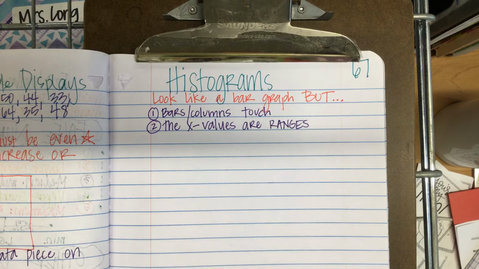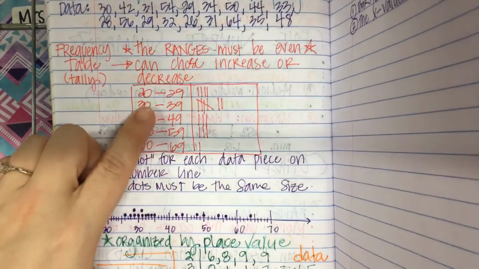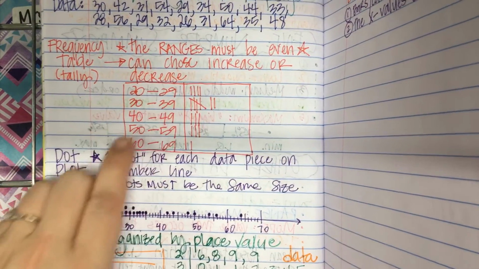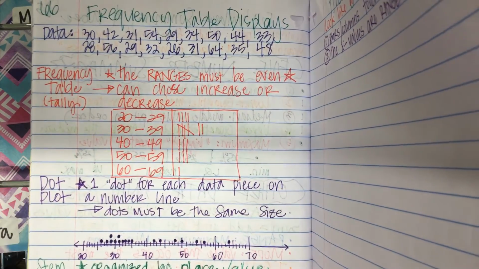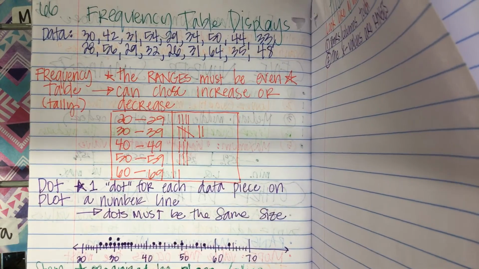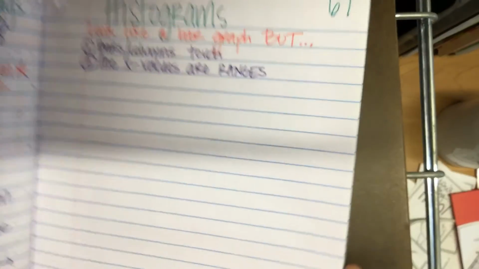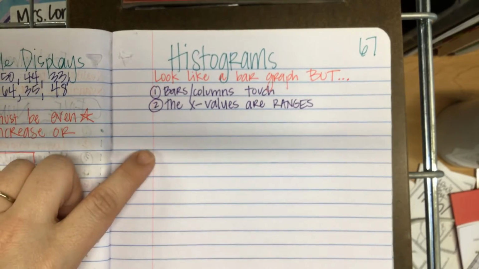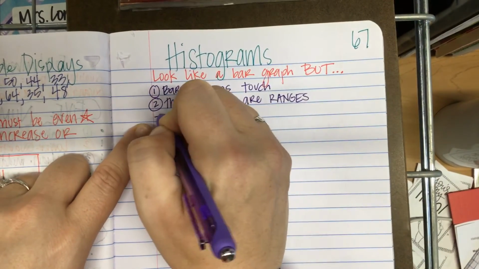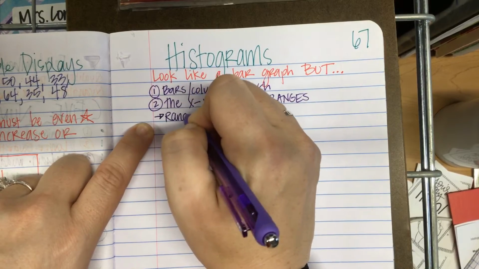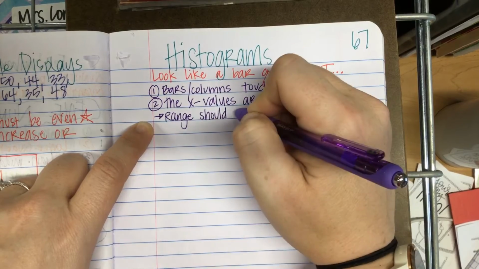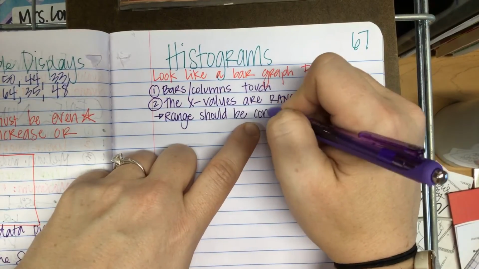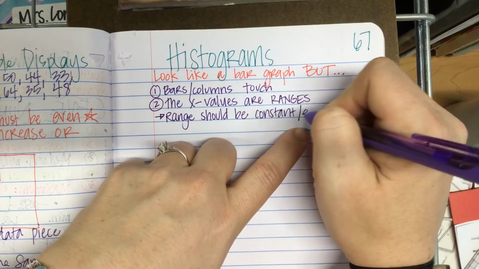I have ranges because I have too much data to do individually, so I have to group them together in their frequencies, like yesterday when we did frequency tables. My X values would be ranges, not just one item. It would contain a multitude of information. So the X values are ranges, and just like yesterday, that range should be constant or equal.